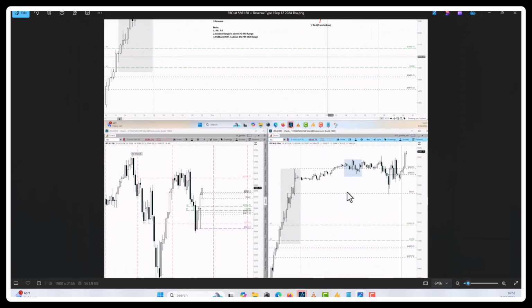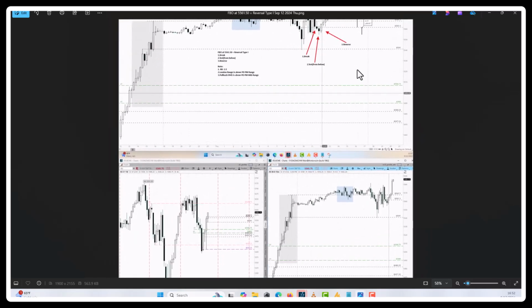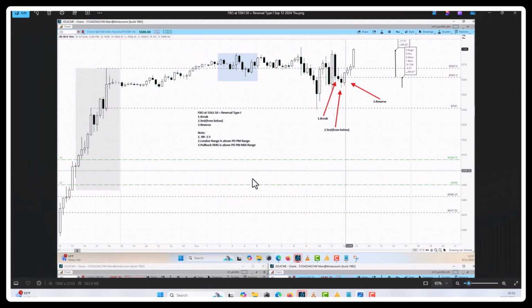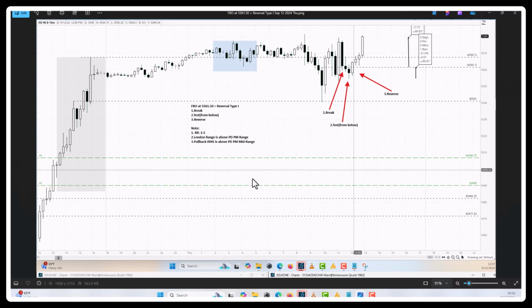Yep. So that is the setup type 1 right there. See that type 1, and there's a signal first that it's going to go up, because the London session set up above the previous day's range, and the pullback at 9:45, which is this candle right here, is above the previous day range.